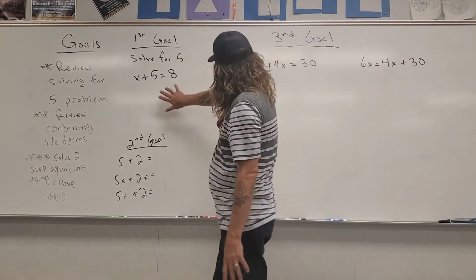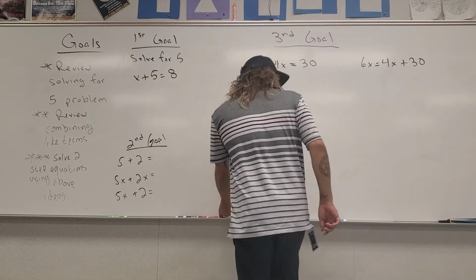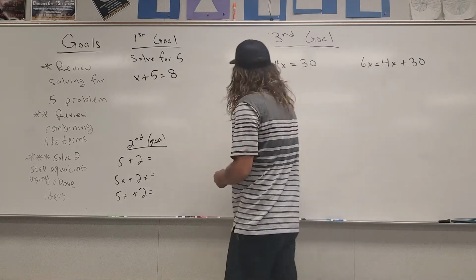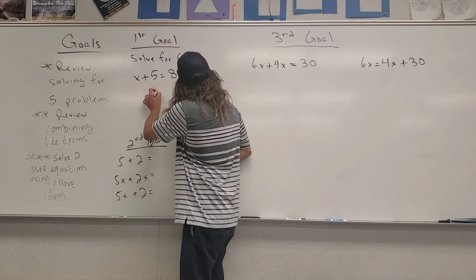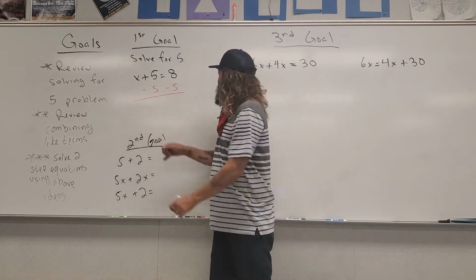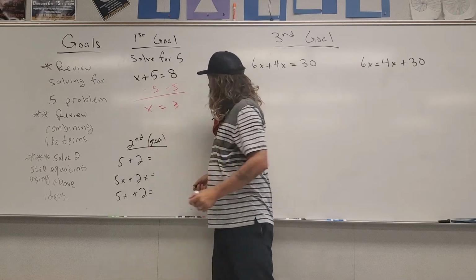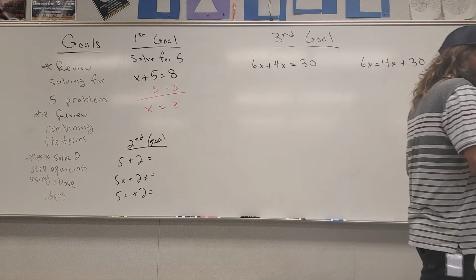And so if you see a problem like this, you would probably subtract 5 from both sides, and you would get the value of x to be 3. But that's not what I asked for. I didn't ask to solve for x. That's not what the question was about. The question was about solving for 5.